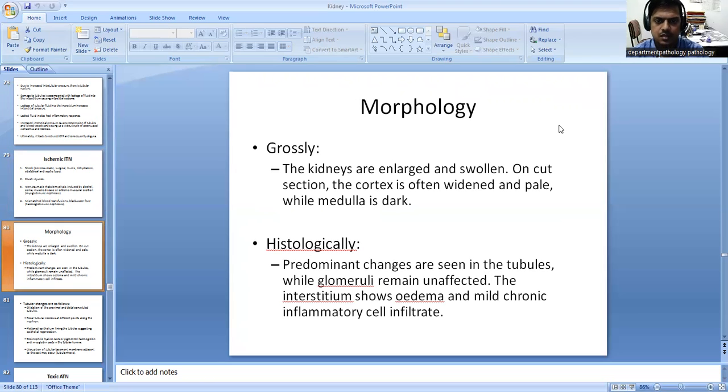Grossly, the kidneys are enlarged and swollen. In cut section, the cortex is often pale and swollen, while the medulla is dark. Histologically, predominant changes are seen in the tubules, while glomeruli remain unaffected. The interstitium shows edema and mild chronic inflammatory cell infiltrate.